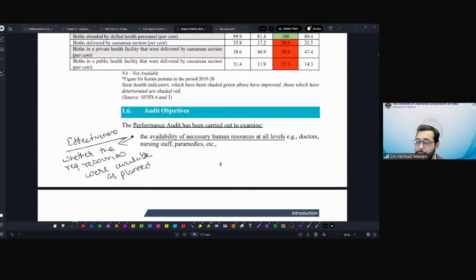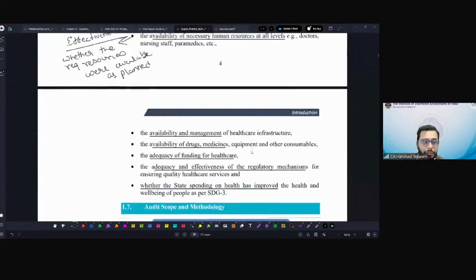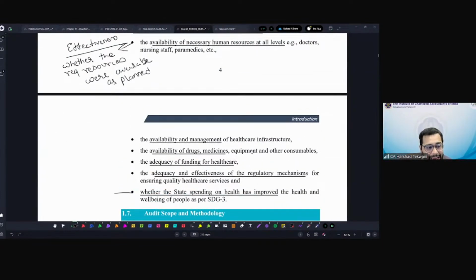Okay. The second part is efficiency. Whether the state spending on health has improved. Efficiency comes in like input-output ratio, public spending. Whether spending has improved means whatever amount is being spent, whether I'm getting proper output from that particular spending, that is what is being checked over here.